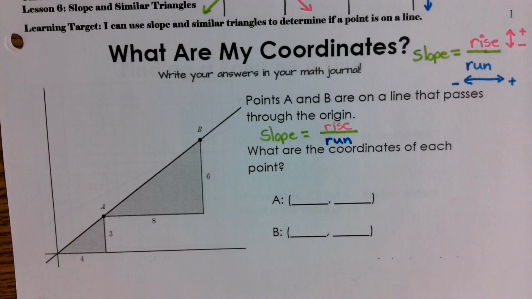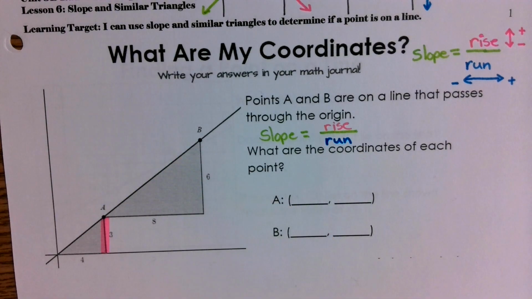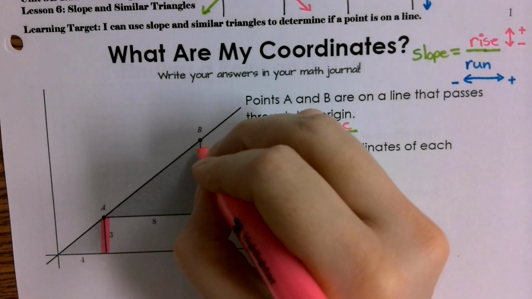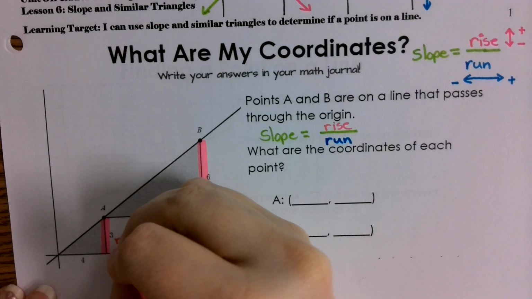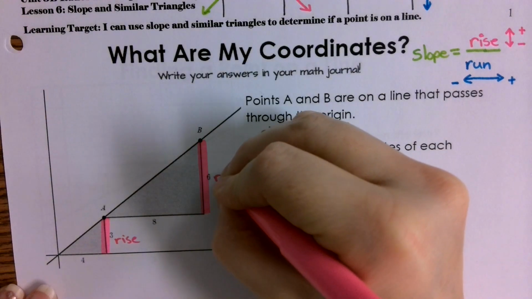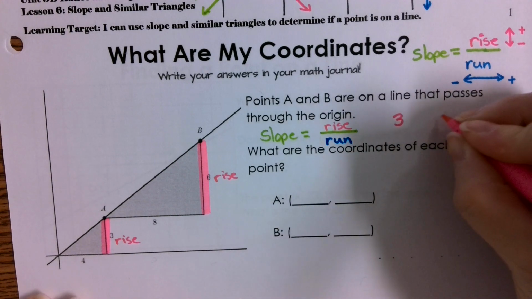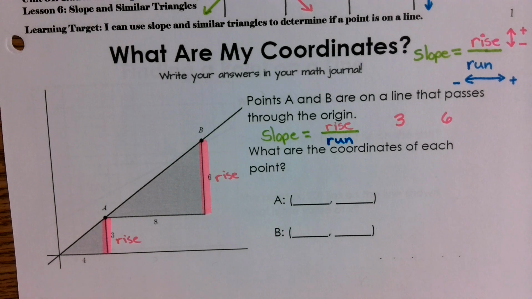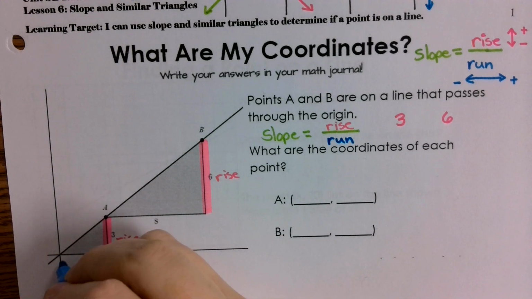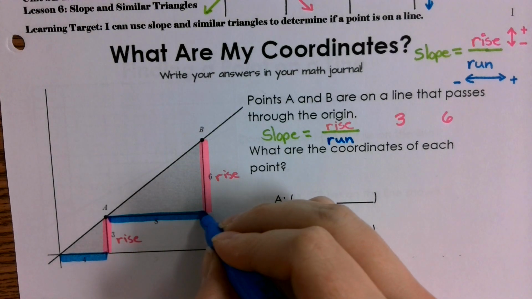Those 2 values that I have for my rise, I have a rise of 3, but I also have a rise of 6. So both of these are considered to be a rise value. I could put 3 on the top, or I could put 6 on the top. And then I have runs. I have a run of 4 and a run of 8.